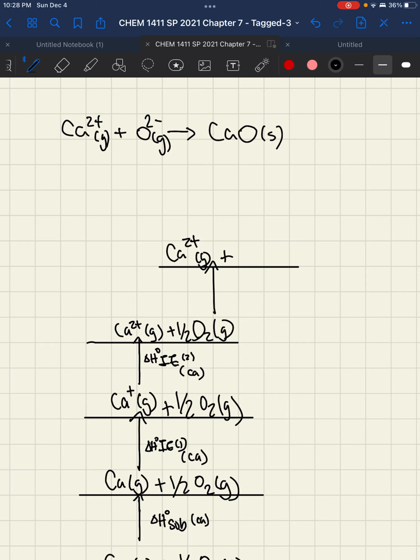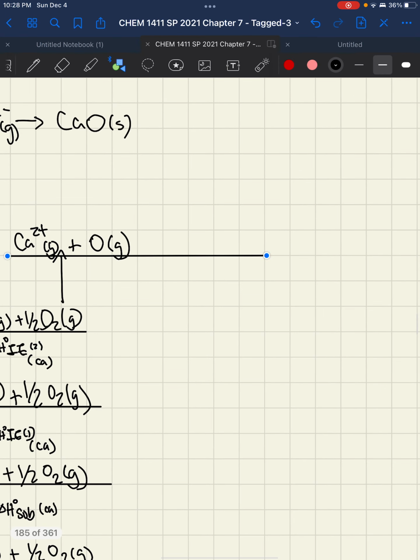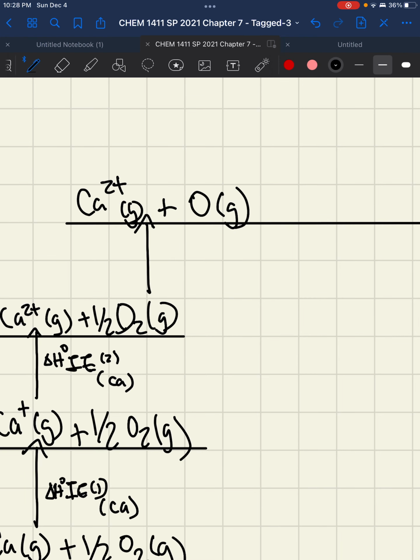Plus, and this is going to result now in just one O, as we want it to be. So this was the bond dissociation.